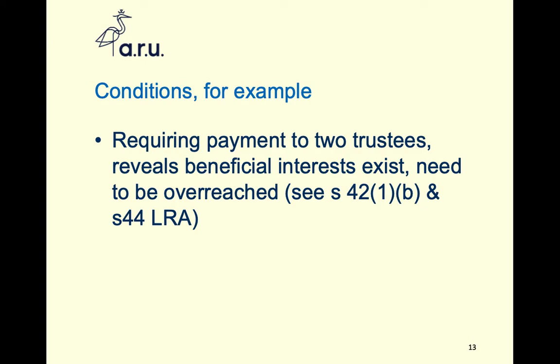We're going to look at a thing called overreaching, which is a way to take Yvonne out of the property by paying money across to two parties. So without boggling your mind, it would be possible for us to see that Yvonne exists, pay the money to two people on trust for her, and take her out of the property.